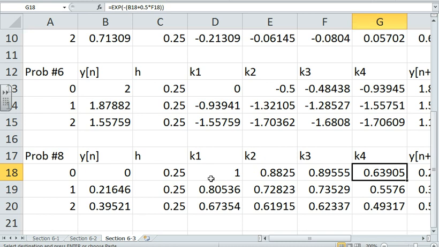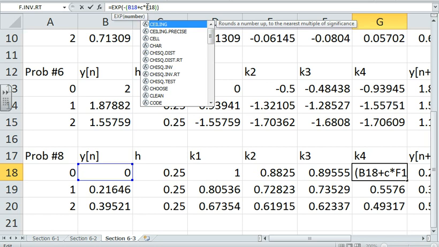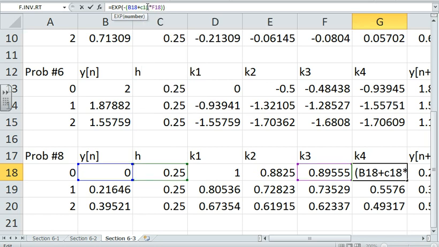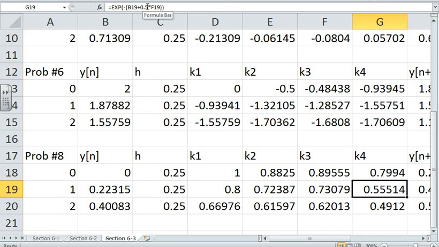Oh, wait a minute. There's no 1/2. That's not a 1/2. That's an h, which is a C18. Alright, so there's no 1/2.